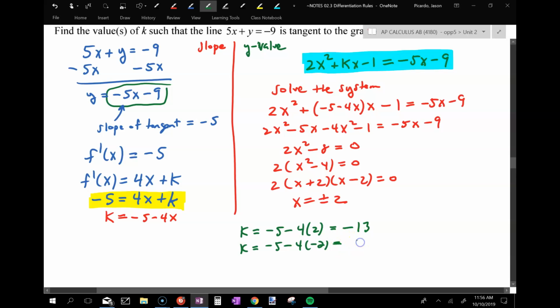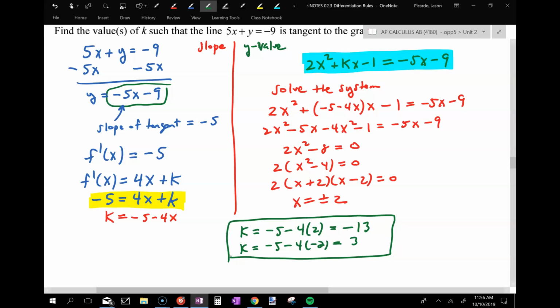Not 5, 3. And there it is. There is a kind of higher level question that's taking the stuff that we're doing and putting it into play, right?